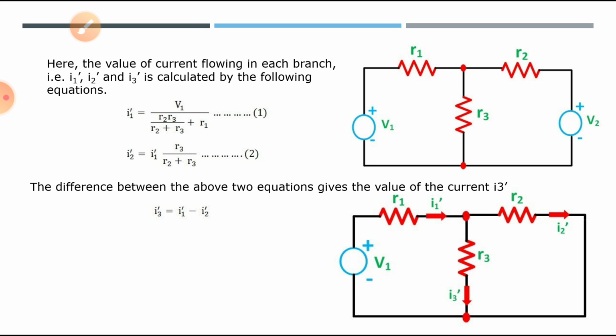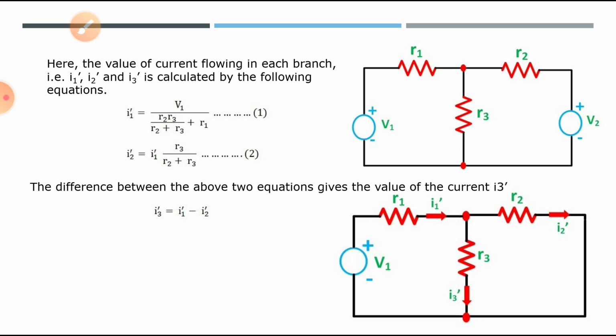Now, we got the I3 dash current, just keep it in sight. In the first case, we assumed a single source V1 and V2 source is shorted, and we calculated the required value I3 dash in element R3.